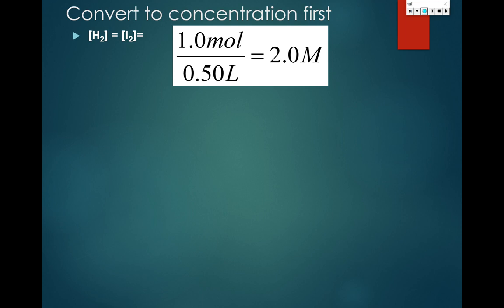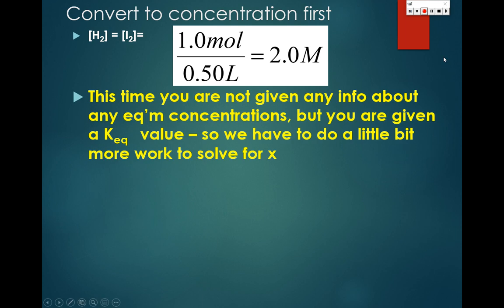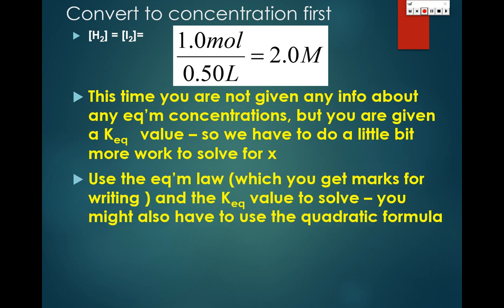This time we are not given any equilibrium concentrations, so we have more work to do to solve for x. We need to write the equilibrium law, which you get marks for, and the KEQ value to solve for x. In this case, you don't have to use a quadratic formula, but you might have to. Some students just prefer to do it always. And the big thing with the equilibrium law, you have to put the equilibrium line from the ICE table in there.